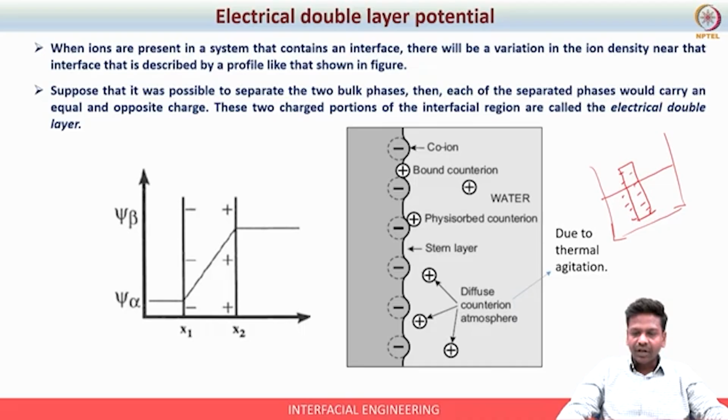So suddenly what will happen? There will be a change in the ion density near the surface, whereas far away from the surface there will be no change. Far away from the surface, the electroneutrality is naturally attained, so there will not be any change. But near the surface, there will be a change in the distribution of the ion density.